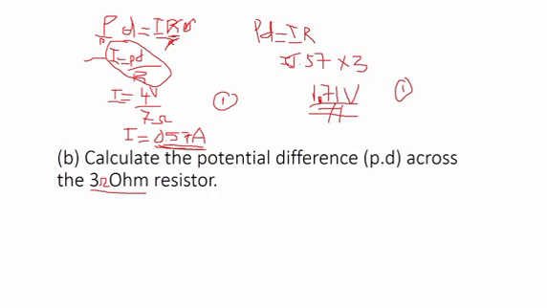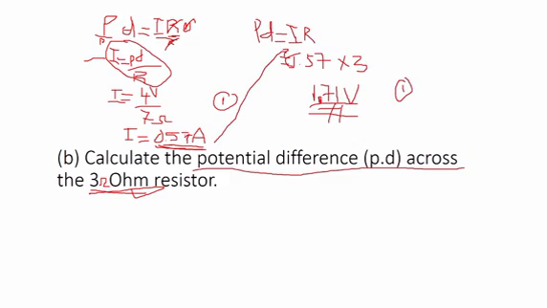And now for us to find the potential difference using the 3 ohms resistance, we are going to use this formula: PD is equal to I times R. R is the one they have given us, and I, we found this one, that is our I there.